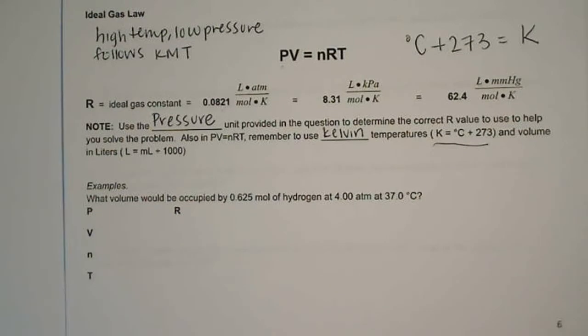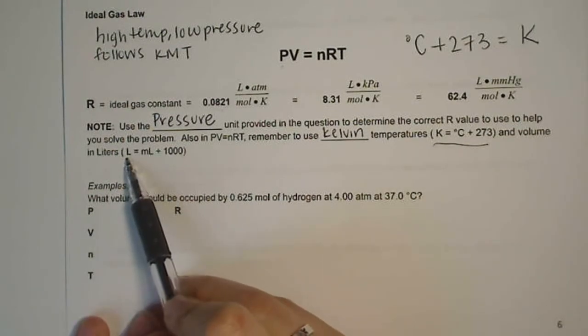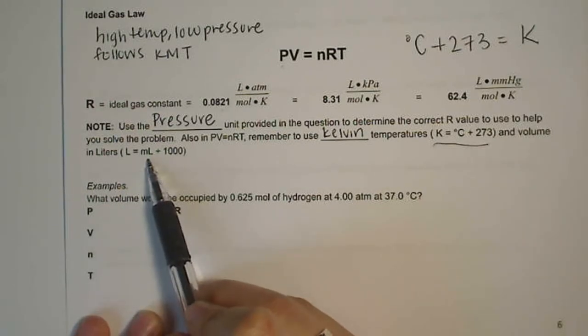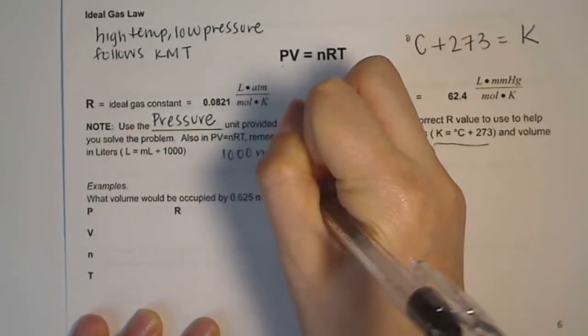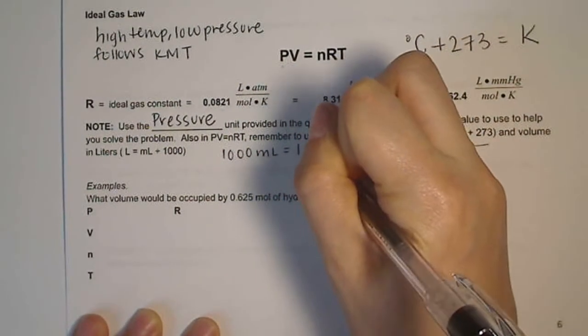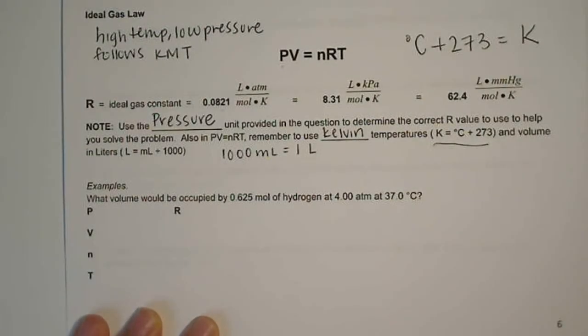Temperatures must be in Kelvin, and volume must be in liters. If you have something that's in liters, you're good. If you see it's in milliliters, there's 1,000 mLs in 1 liter, so if you divide by 1,000, you'll get your answer in liters.